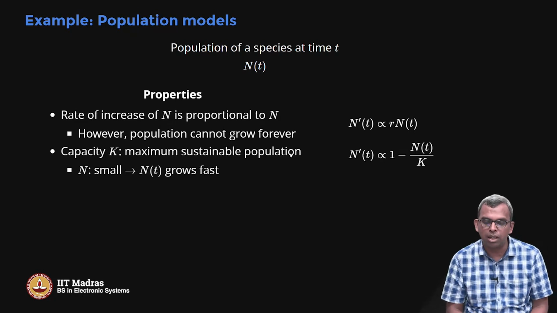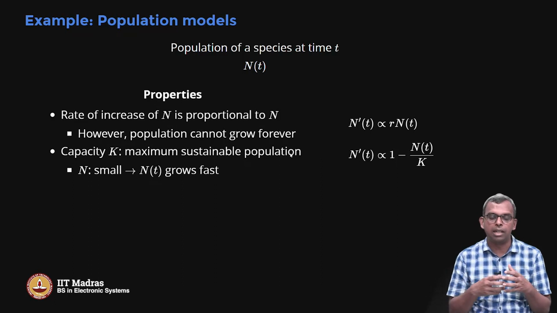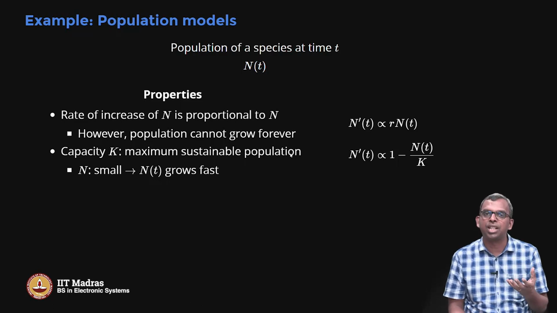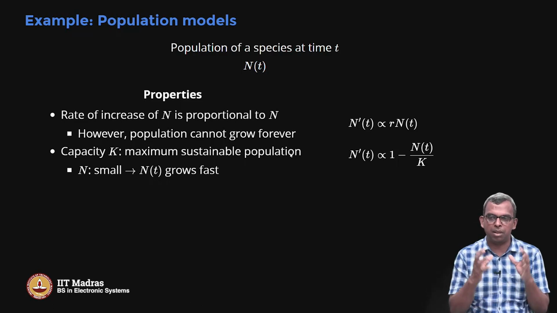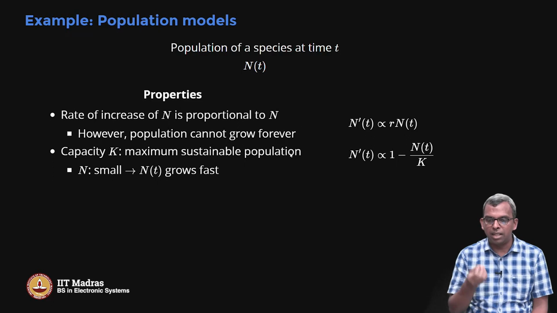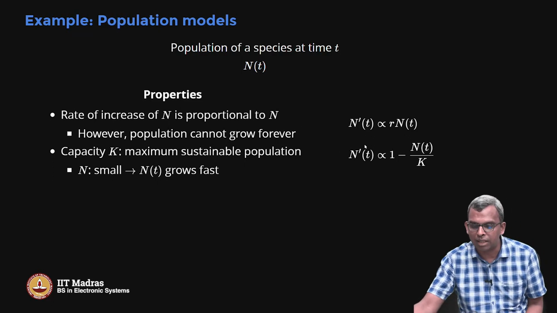How is that modeled? That is modeled as some sort of a capacity. You think of K as a maximum sustainable population in a certain area, maybe a forest or some ecosystem. Now, if n is small, the growth rate is going to be proportional to 1 minus n of t by K. What does that mean? If n of t is very small compared to K, this will not have an influence.